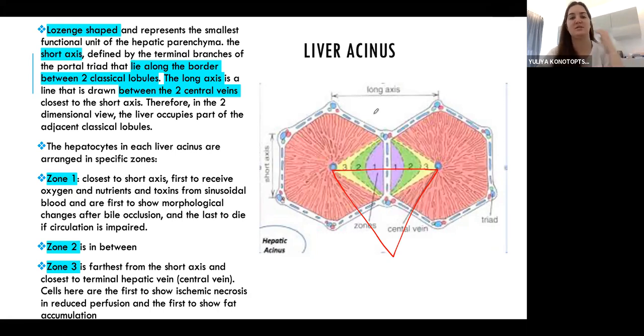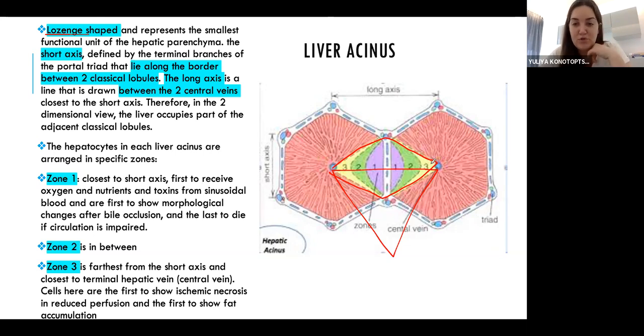The liver acinus has something to do with the blood perfusion. So which area will be perfused first? You can see that this is the area of your liver acinus. It is lozenge or diamond shaped. This diamond-shaped acinus is divided into 3 zones: zone number 1, zone number 2, zone number 3.